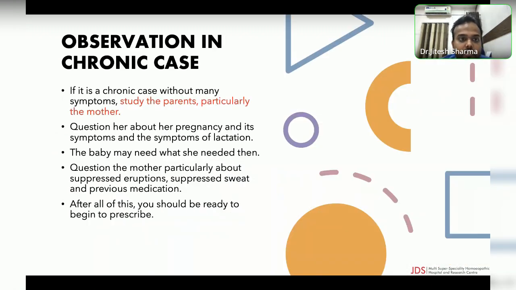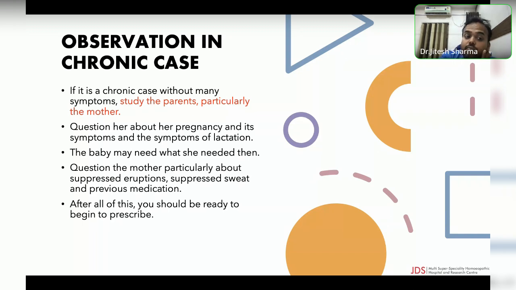Now, what do you have to observe in chronic cases? In chronic cases, you need to study the parents, particularly the mother, and question her about her pregnancy, its symptoms, what emotional trauma she went through, and the symptoms of lactation, what had happened, because the baby may need what she needed then.